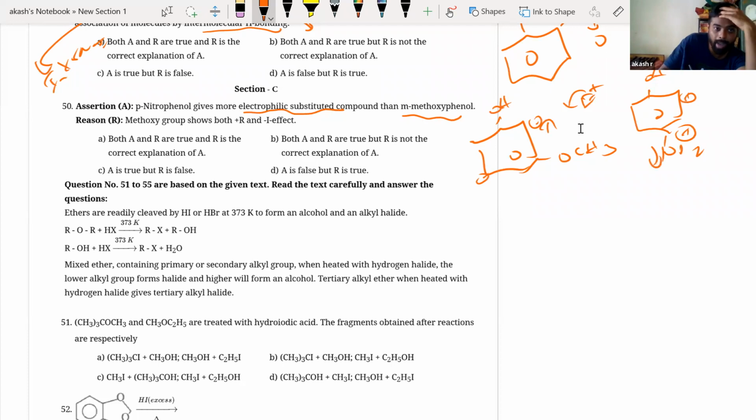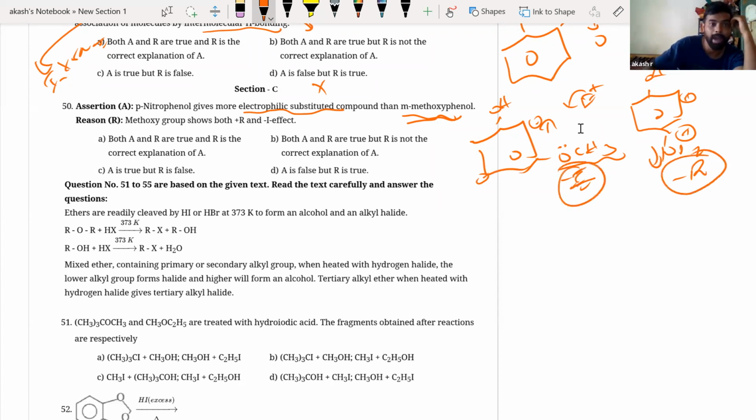So ortho para nitrophenol giving more electrophilic substitution is not correct, because methoxy, you see, is going to be electron donating. But in the meta position, it has no role to play. It will show only minus I effect. Here it is going to show minus R effect. Both of them are electron withdrawing only in this particular case, but this is showing by resonance and this is showing by inductive effect. Resonance is always stronger.